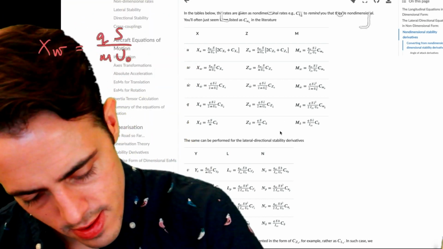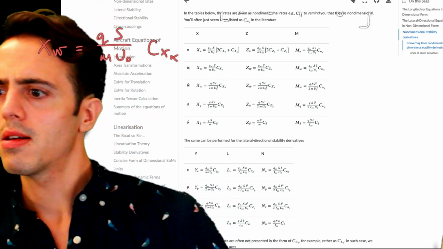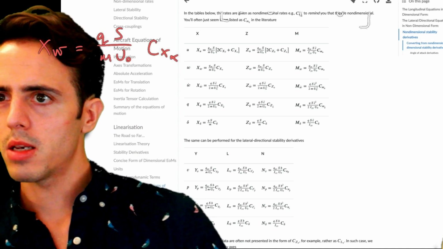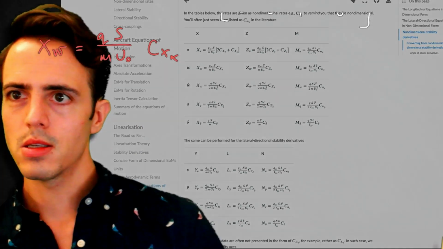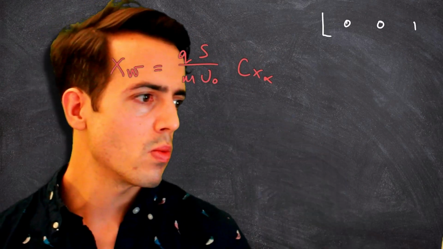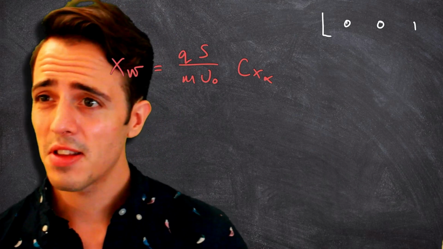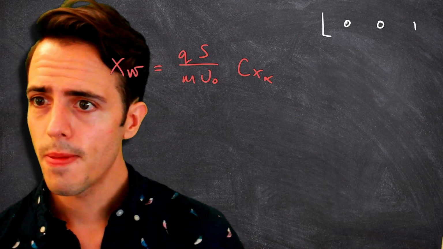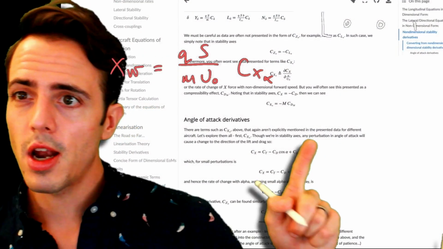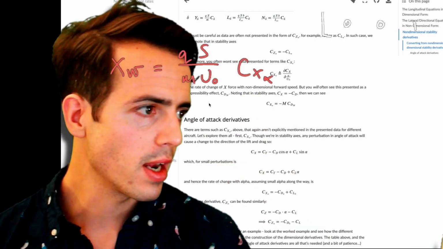Multiplied by Cx alpha. So Cx alpha is a new one. Let's get the board up behind me. Not quite certain what Cx alpha is in this sense, so we need to look in the notes to see if there's anything that will help. Anything involving an alpha term here is going to be slightly different.